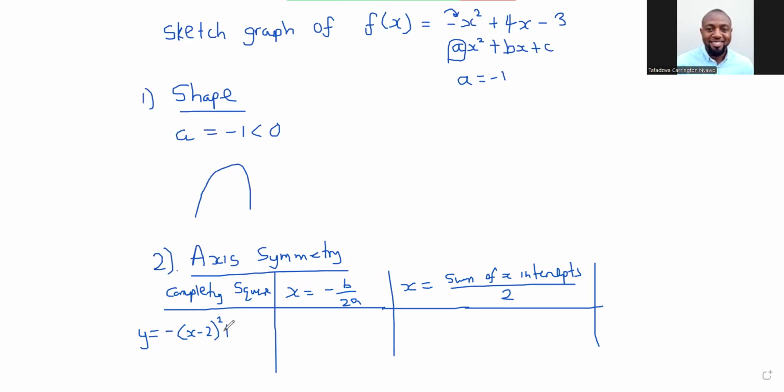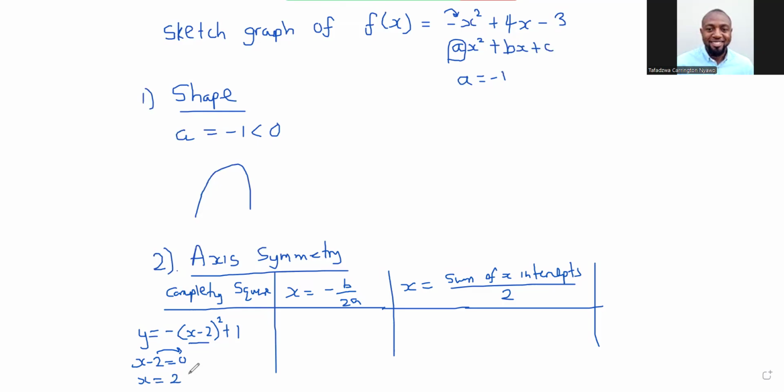The axis of symmetry we get when we take this x minus 2 and say it is equal to 0, and I take this negative 2 to the other side. Therefore, my axis of symmetry is going to be x is equal to 2.